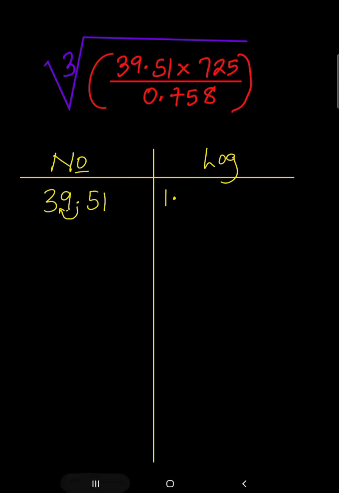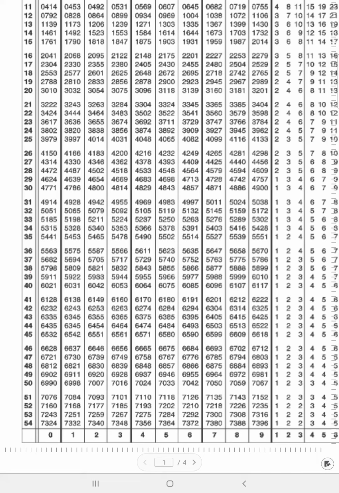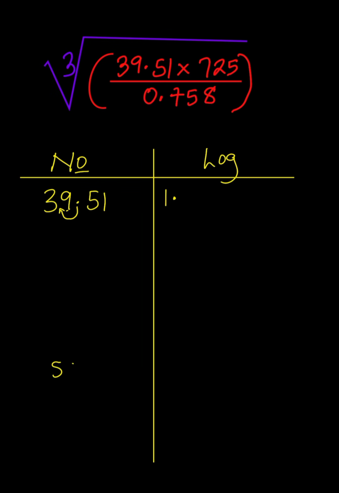So let's go to the logarithm table. Logarithm of 39. If you look up here, you see 39 here under 5, 0, 1, 2, 3, 4, and 5. So we have 5966. You write 5966. Then there is a digit here, which is the difference of 1.